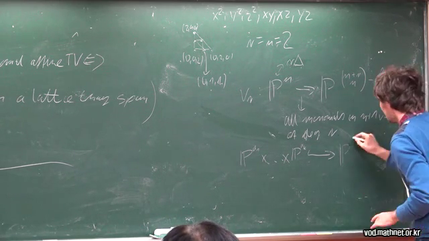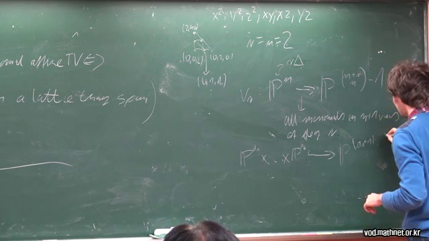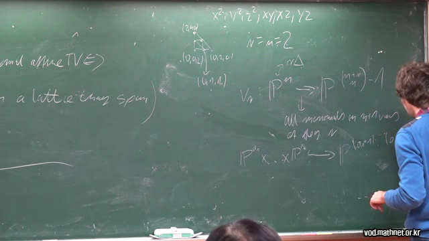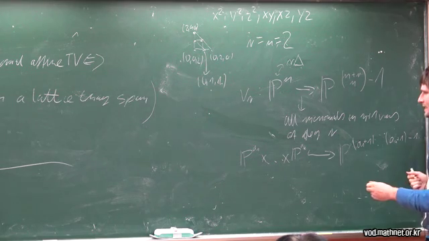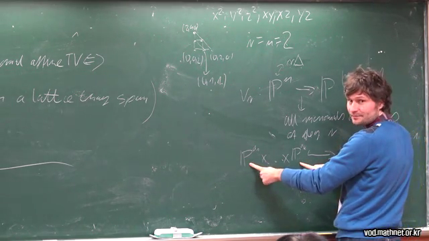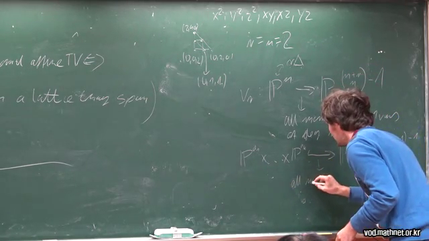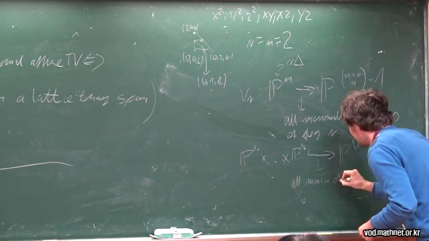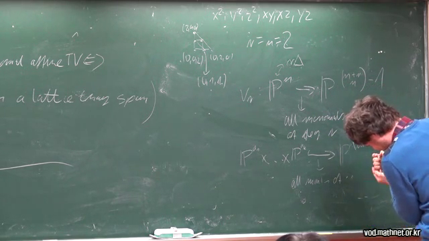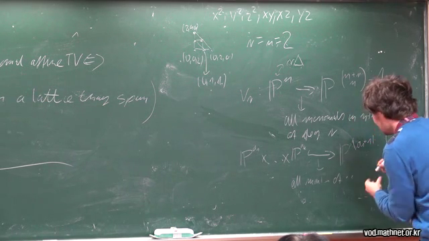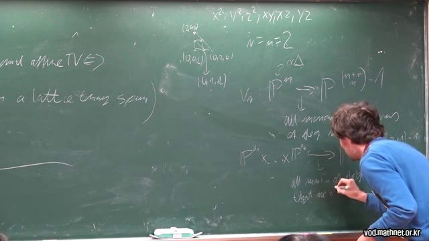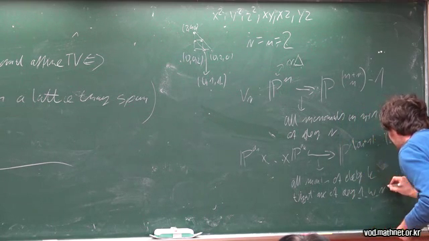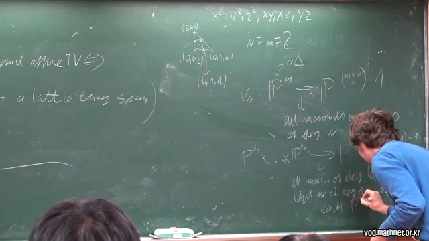Here you take all monomials of degree k that are of degree 1 with respect to each p_i.